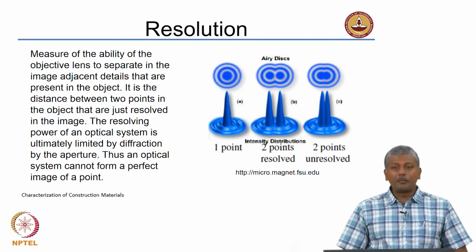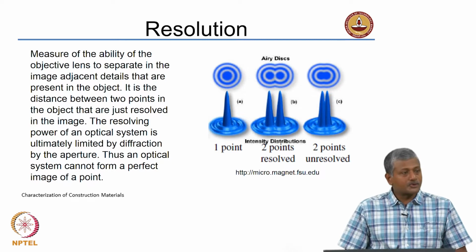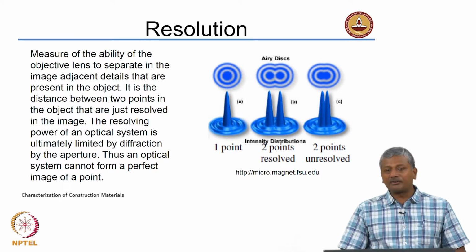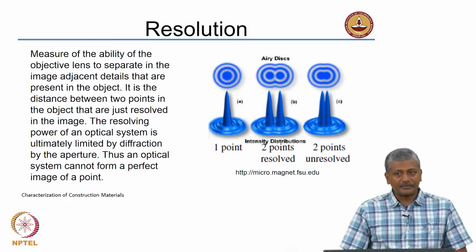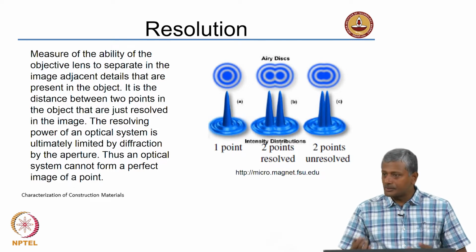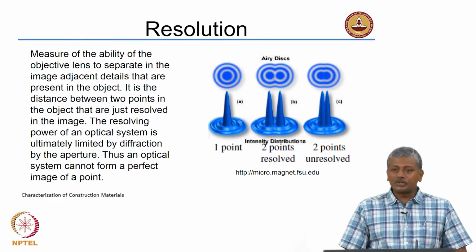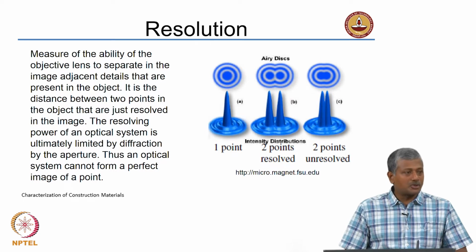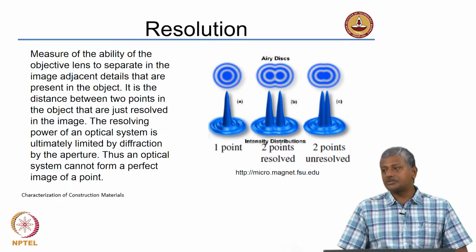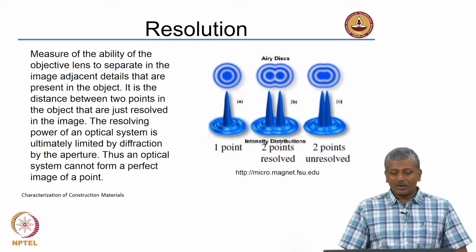The other important aspect as far as microscopy or even regular photography is concerned is resolution. Very often we confuse resolution with magnification, but I said earlier that magnification is only to produce a larger view of the object, whereas resolution is the clarity of the image that you can observe. Okay. Now, what is this clarity?